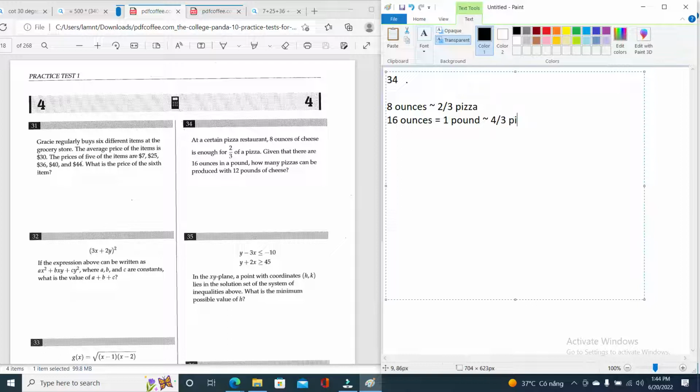Because we just double it, right? 16 is 2 times 8, so we multiply both sides by 2.